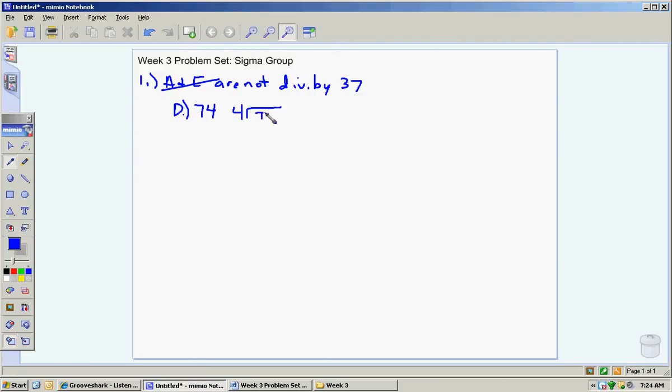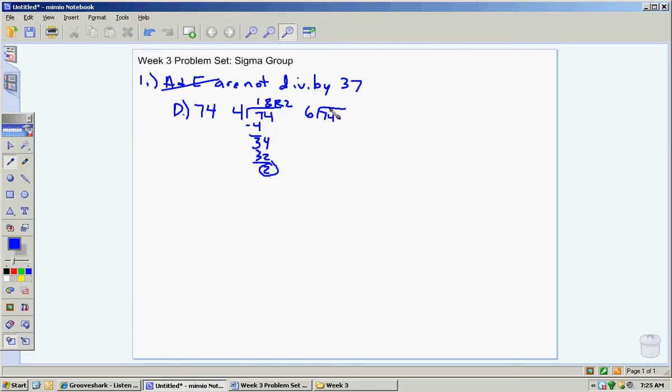If you know your fractions pretty well, you could do this in the calculator, but for the purposes of practice, I'll show it with long division. So we do 4 into 74, and that goes in 8, giving us a remainder of 2. So 4 does go into 74 with a remainder of 2, so let's check 6.